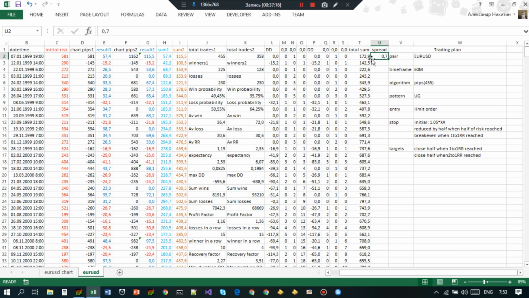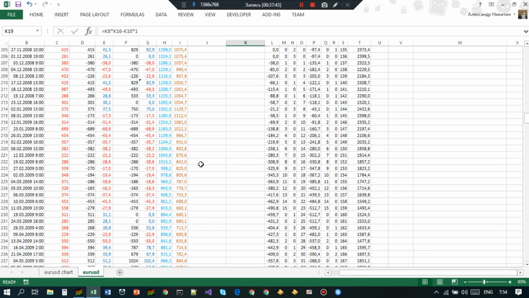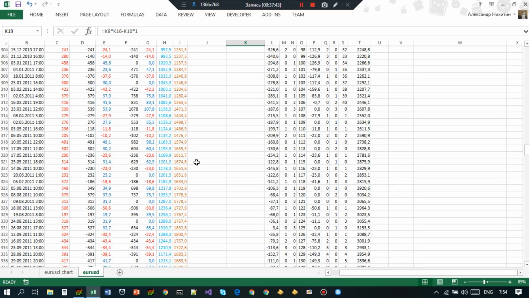So let me put it this way. I simply type it as 0, and we have it this way, and nothing actually changes, but what changes is the average risk to reward, because your winners became greater and your losses became smaller, and it affects the expectancy, of course, and it affects the overall numbers for this.